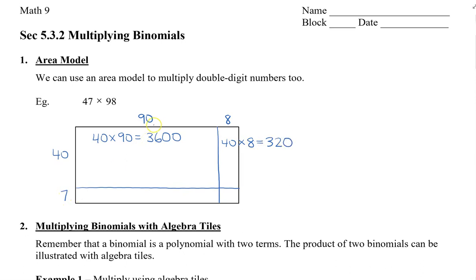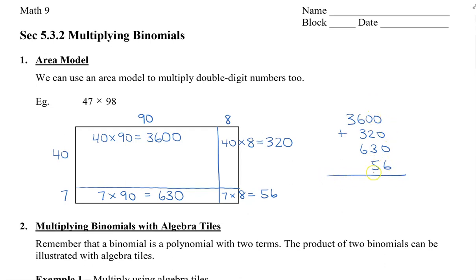And then we have 7 times 90 for this bottom skinny one. 7 times 9 is 63, and then we have a 0. And then finally we have 7 times 8 for this tiny rectangle on the bottom here, and that's 56. So now we have the area of each of these rectangles, and now we have to add them all up. So we have 3,600 plus 320 plus 630 plus 56.